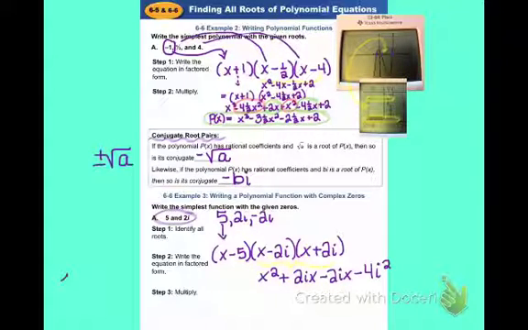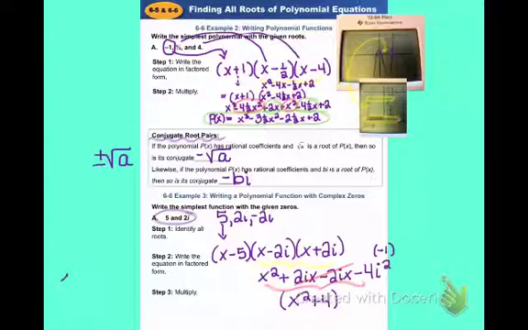Well, you can see clearly that those two middle terms are opposites. They cancel each other out. And remember that i squared really is negative 1. So this is really saying negative 4 times negative 1, which makes that positive 4. And so this whole thing reduces down to x squared plus 4.